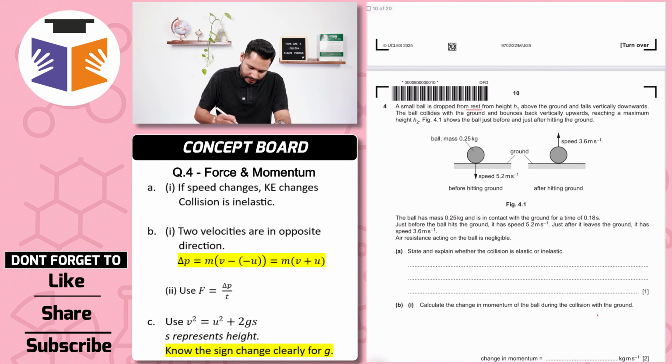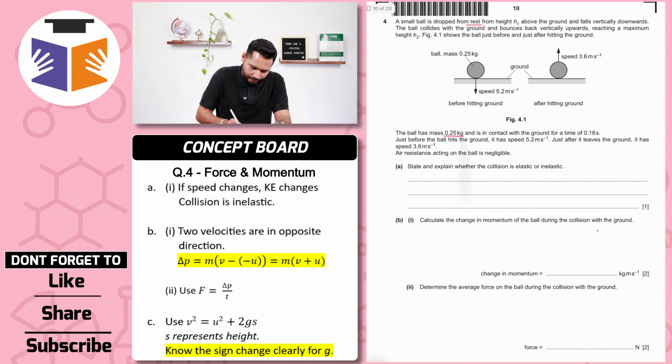The ball has mass 0.25 kilogram and it is in contact with the ground for time of 0.18 seconds. Just before the ball hits the ground, it has speed 5.2 meter per second. Just after it leaves the ground, it has speed 3.6 meter per second. The air resistance acting on the ball is negligible. State and explain whether the collision is elastic or inelastic.